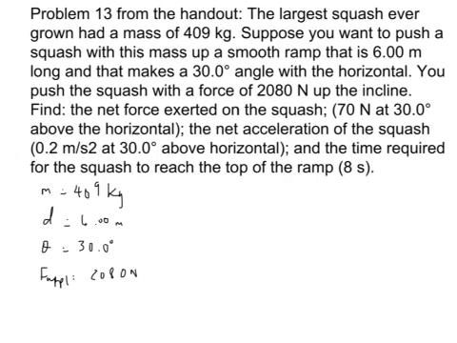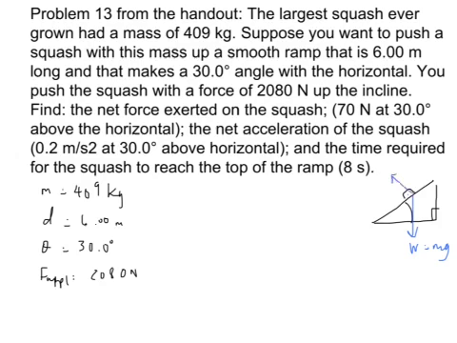Okay, here's my squash. I'm going to draw it over here, being pushed up the ramp. That angle is 30. And the forces on it include weight, which is mg, acting at the center of the object.